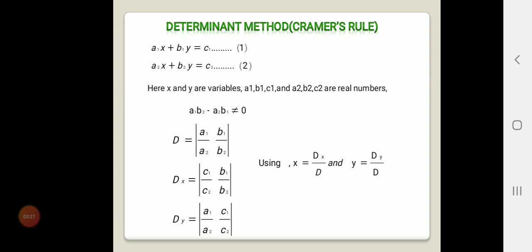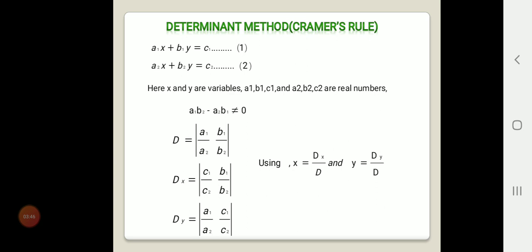To use Cramer's method, the equations are written as a1x plus b1y equal to c1, the first equation, and a2x plus b2y equal to c2, the second equation.